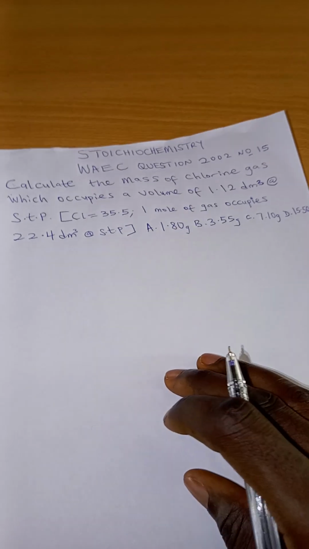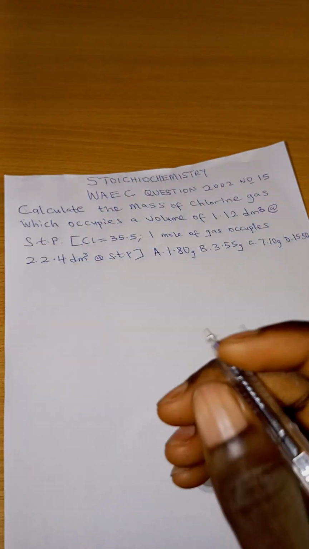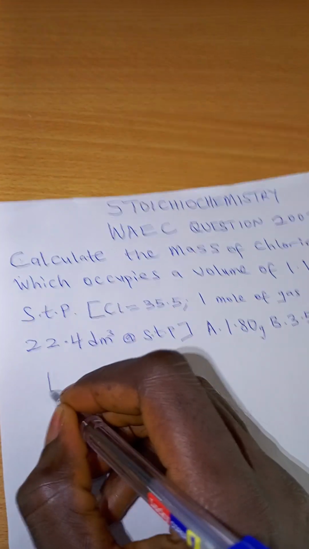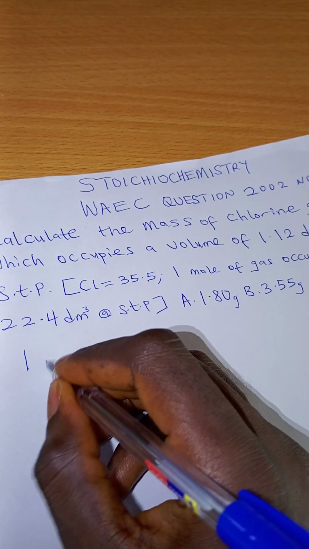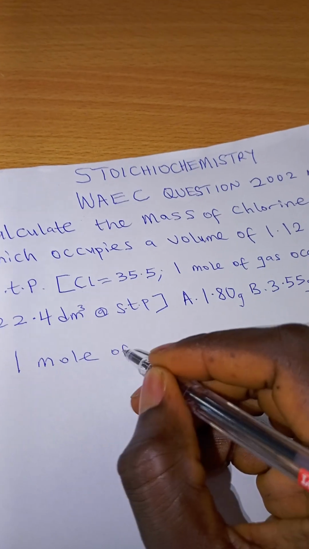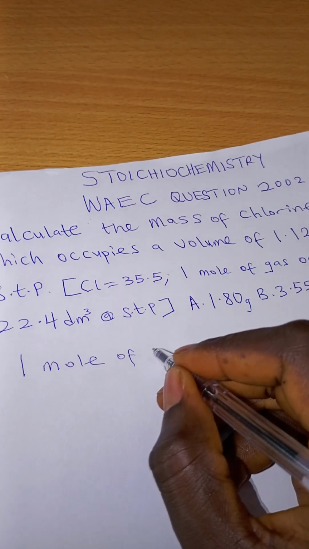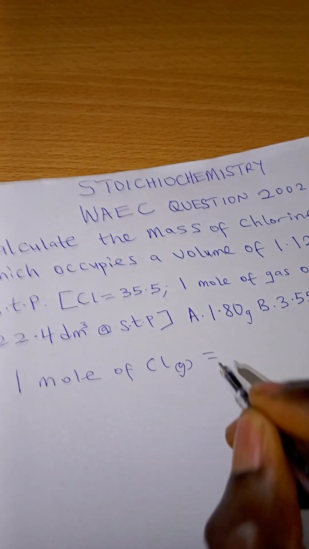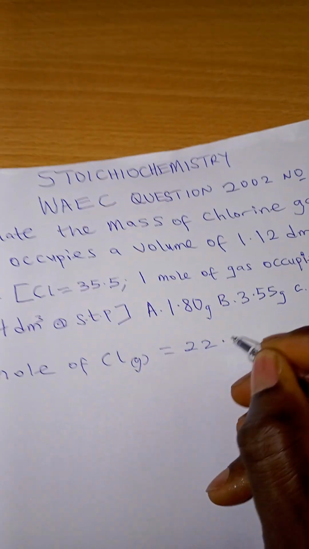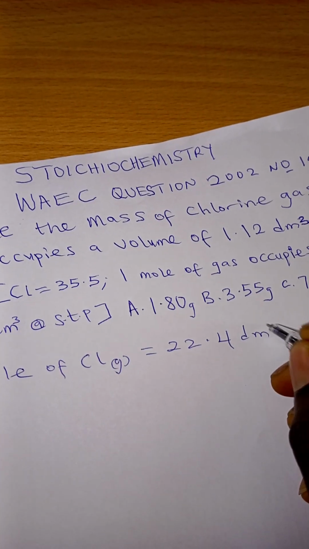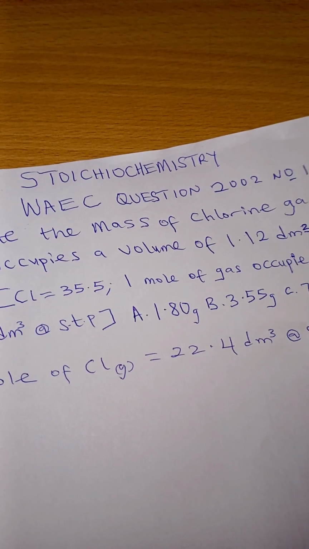So let's solve. We start like this. We say 1 mole of any gas at STP, the gas here is chlorine gas, equals 22.4 dm³ at STP.